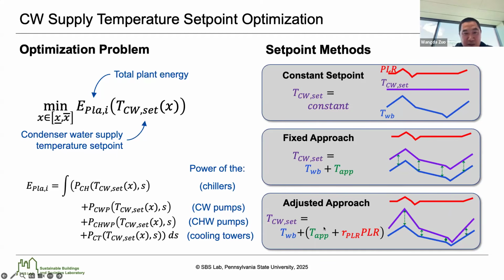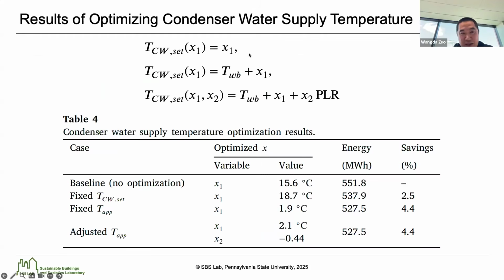And so basically, you can write this into three formulas. The X is a variable we need to figure out. So which one gives us the best value? Then you can do a simulation. So we run a simulation, and we found that the baseline actually uses a fixed condenser water temperature set point of 15.6, right? So now we are trying to find out the better constant set point.